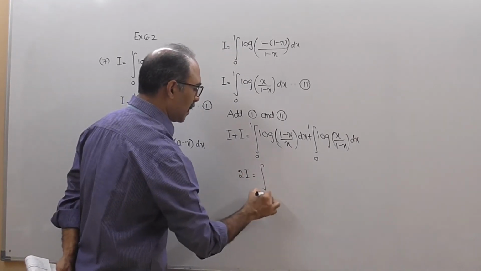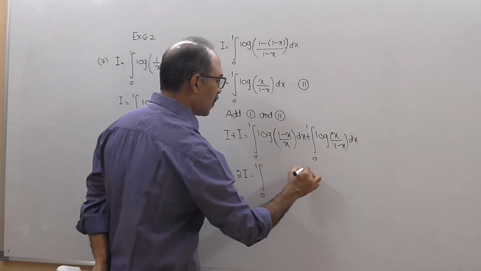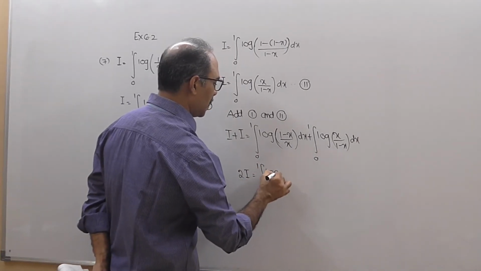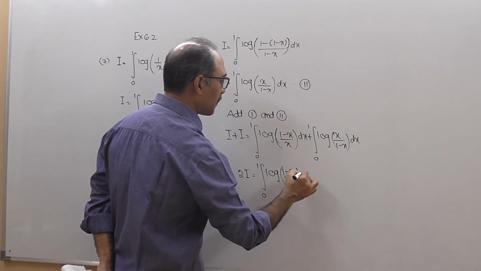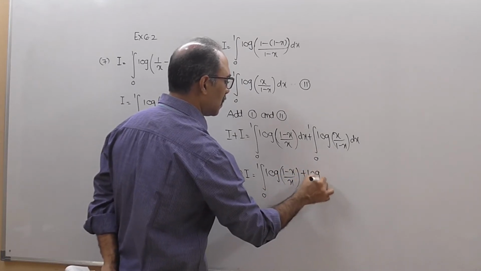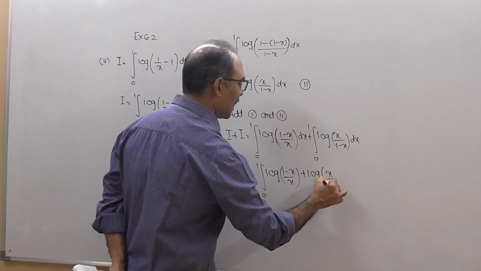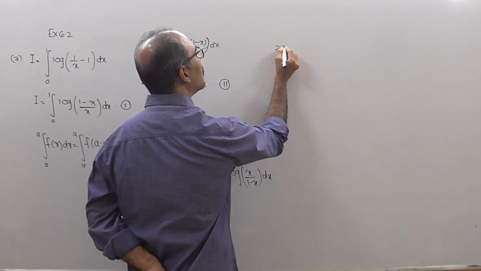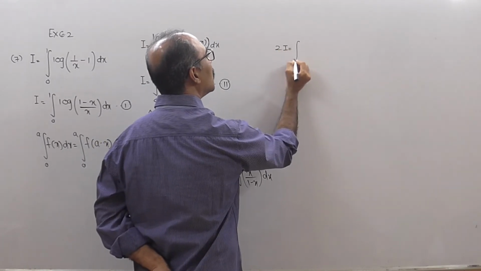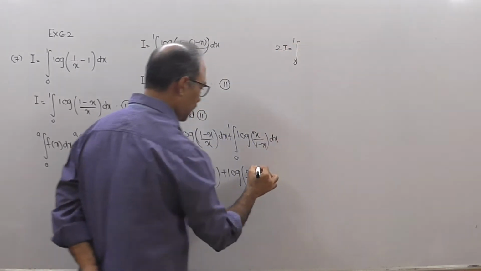You can take the 0 to 1 integration common. So you get log of 1 minus x upon x plus log of x upon 1 minus x dx. So we get 2I equals integration 0 to 1, I'll put a bracket here.